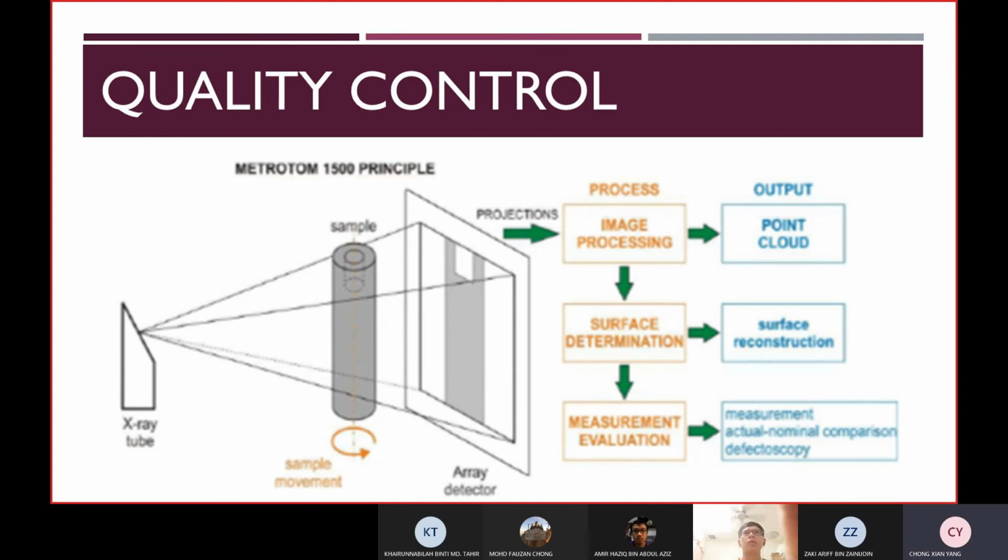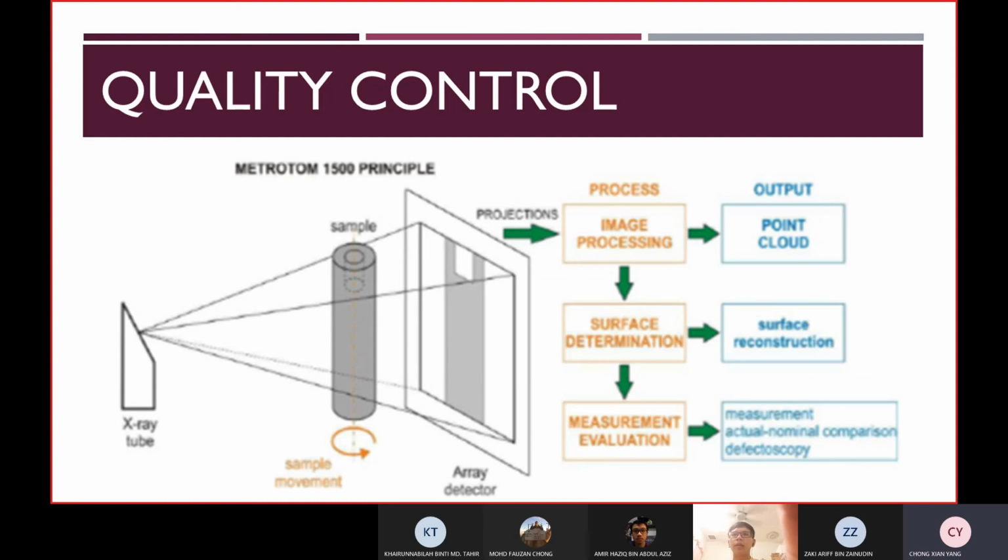In quality control, we know the Metrotom 1500 principle. If we are using the X-ray, then we can know that the process of image processing produces a point cloud as output, and also surface determination, for two outputs, which are surface reconstruction and measurement evaluation.